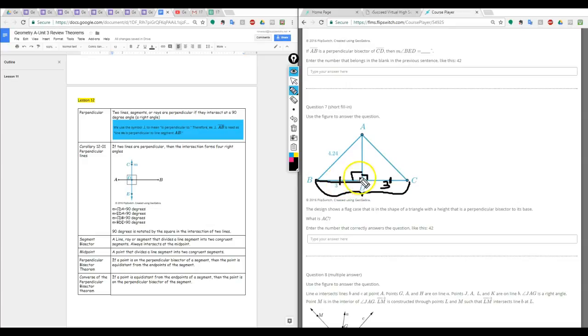So we have a side, an angle, and AD, since it is a side to both of the triangles, is congruent to itself. So we have side-angle-side congruent. So the corresponding part to AC, that was our goal, is AD, which is 4.24. So our answer is 4.24.